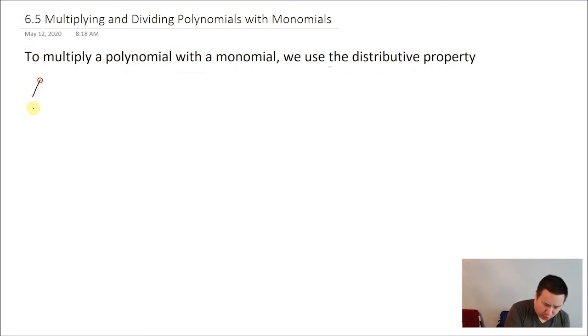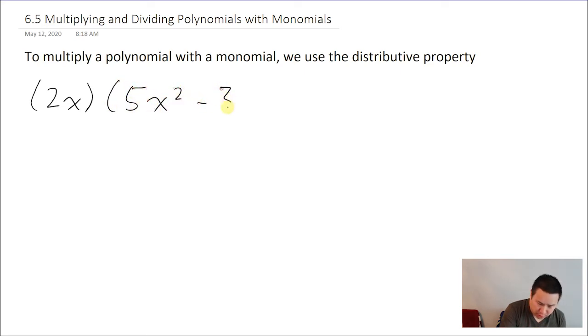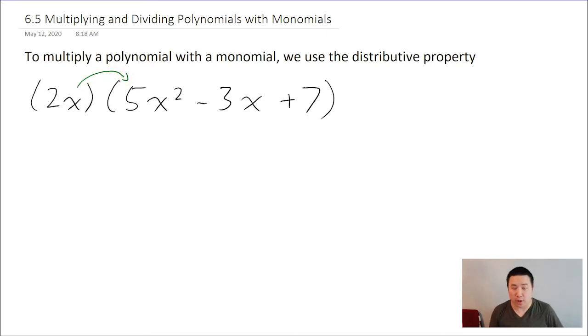If we were to take a monomial like 2x, a single term polynomial, and we wanted to multiply it by 5x squared minus 3x plus 7, we would use the distributive property and we would say, all right, this 2x needs to be multiplied with each term in this other polynomial, which means I need to do 2x times 5x squared.